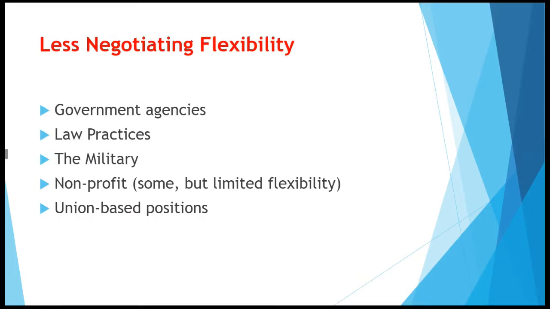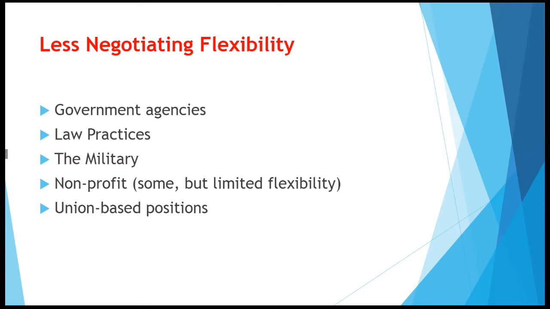Now, some types of organizations do not have a lot of flexibility for negotiating. Government agencies, their jobs are pretty much set in salary ranges. Law practices don't like to spend a lot of money, so their salaries tend to be low. The military, once again, the military is government and there are set ranges for each job title.